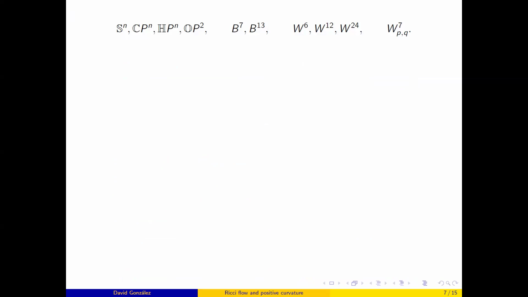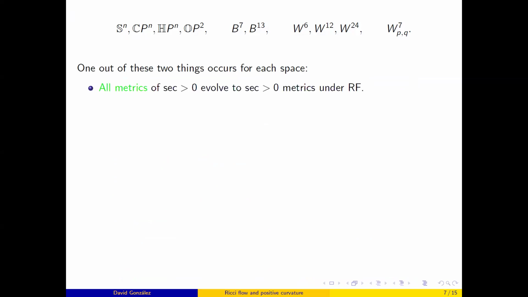Then for the spaces in the list, one of two things must happen, and only one. Either all metrics of positive curvature, when you run the flow, have positive curvature, so positive curvature is preserved under the flow for all metrics, or there is at least one metric of positive curvature where you run the flow and it goes outside the positive curvature set.